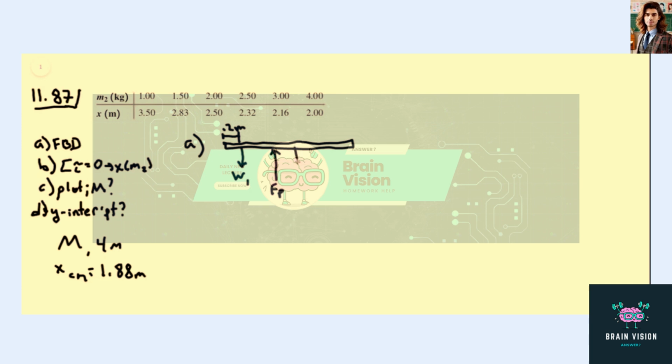The center of mass of the bar is over here at mg. It is 1.88 meters from the left-hand side. And this is the second mass, and the distance from the left-hand side to the second mass is x.